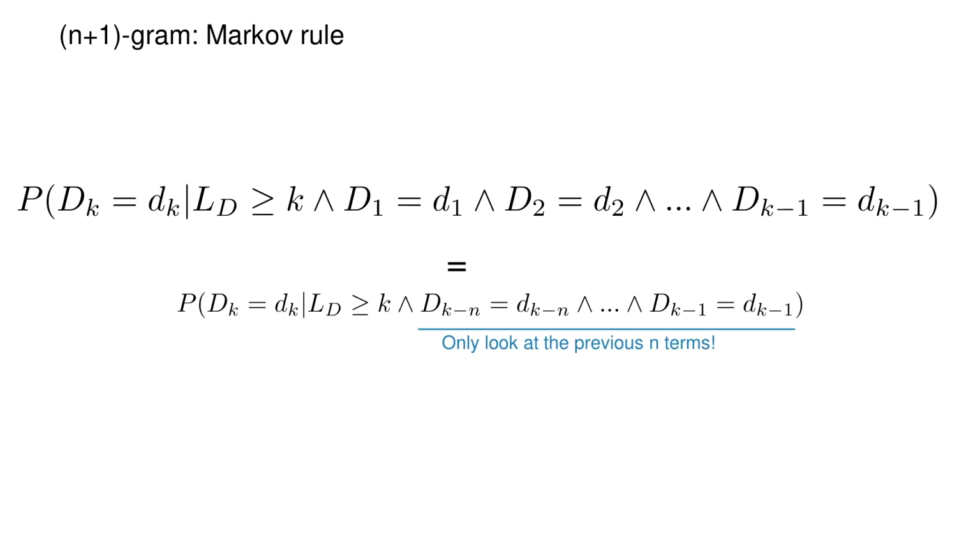We assume that, in fact, we only remember a window of words. The last n words we remember. So it means that the probability of the next word being what it is, depending on everything, is the same as its probability knowing only the previous n words, right? So we have a limited memory.